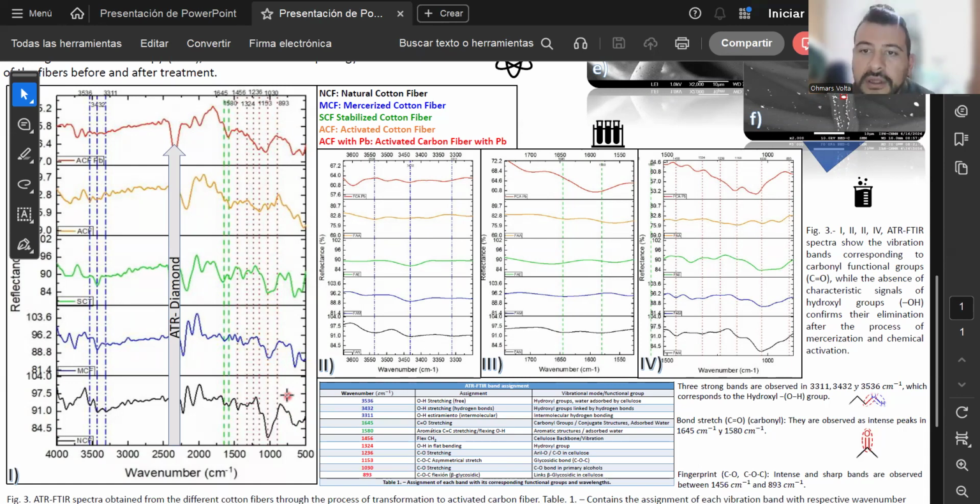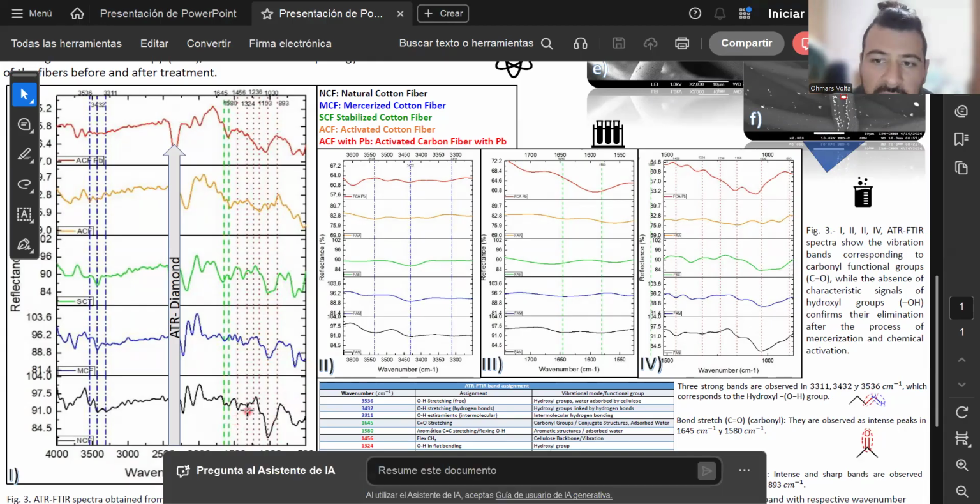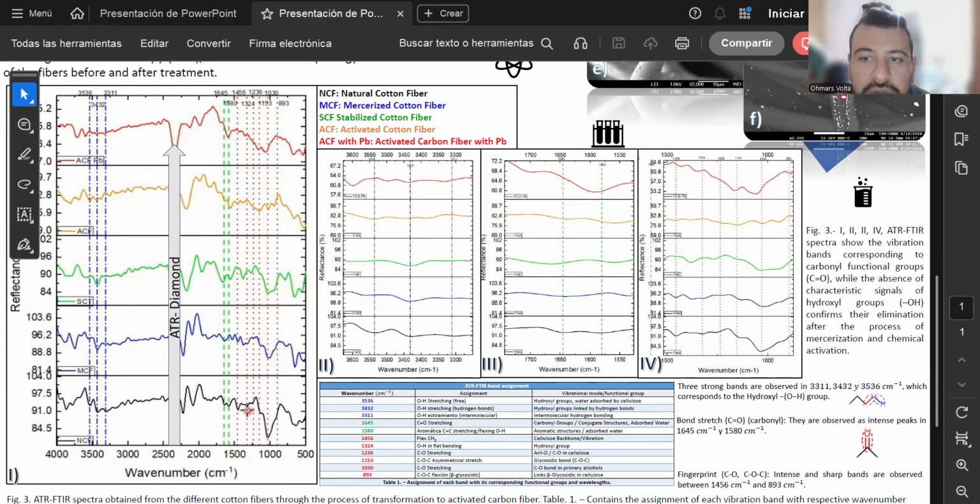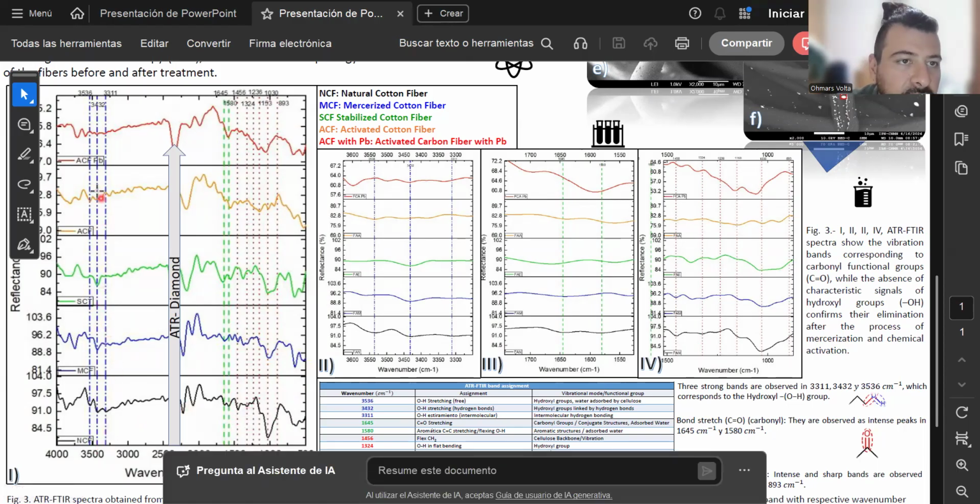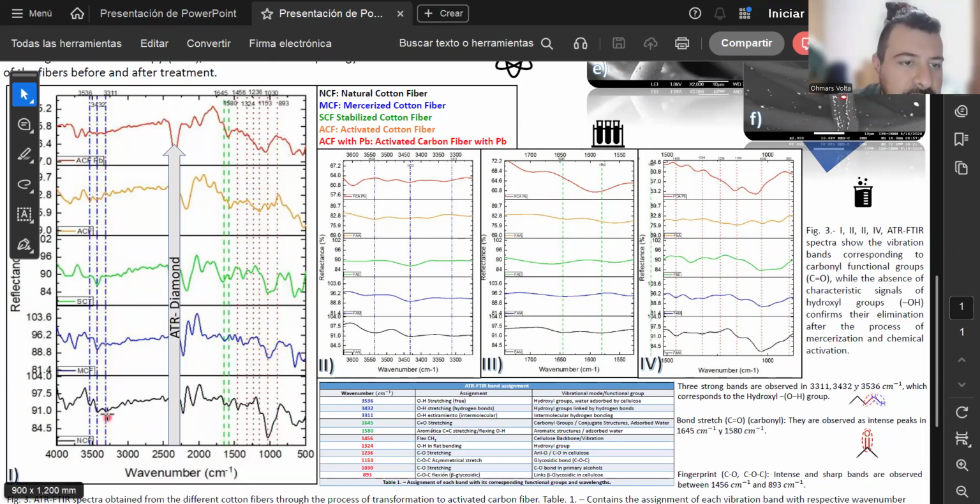For example, three strong bands are observed here, which correspond to hydroxyl groups, like here. These three in blue, and we appreciate that the intensity of this band is starting to disappear through this process.